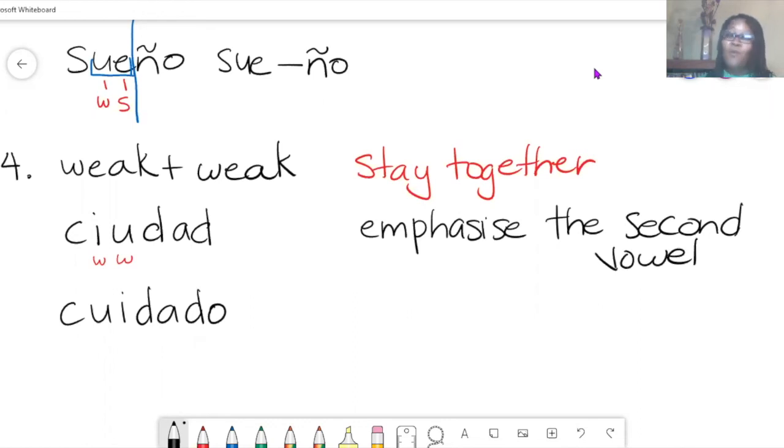So whichever one comes second is the one that you're going to be leaning your stress onto. So in this case, we have the I and the U having to stay together. We're going to hear the U being more pronounced than the I. The stress is going to be on the U more than the I. Remember that, all right?